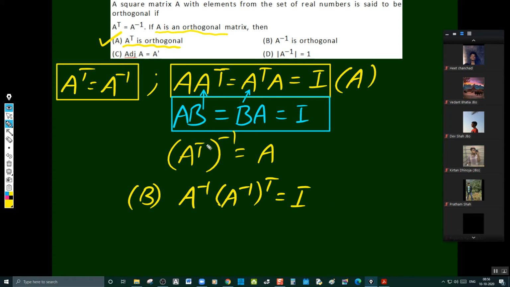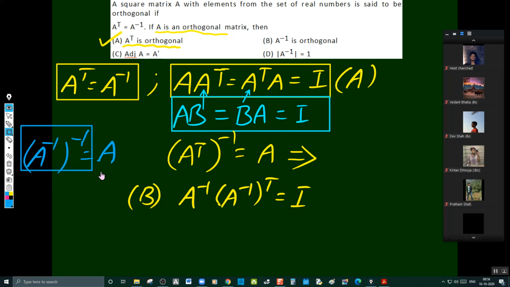It is possible. Take whole inverse on both sides. What happens? A inverse whole inverse. I write it here. A inverse whole inverse is what? A. Correct, no? A inverse whole inverse is A.